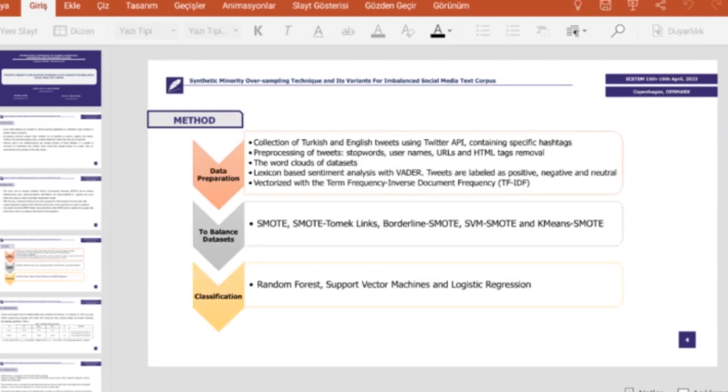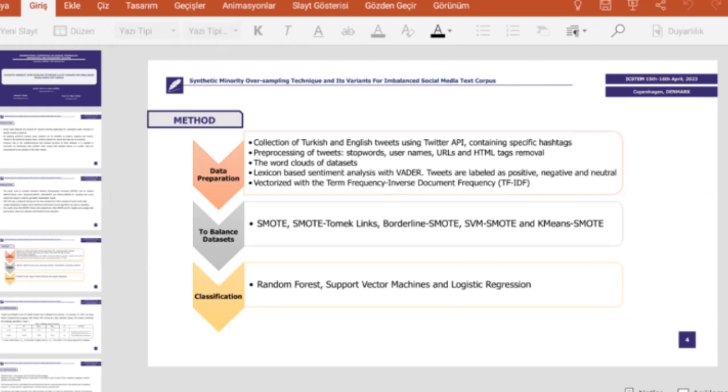We collected Turkish and English tweets by using the Twitter API, and those tweets were related to the COVID-19 pandemic period. First of all, we applied some pre-processing techniques on our tweets, and we removed stop words, usernames, unnecessary URLs, and some HTML tags.